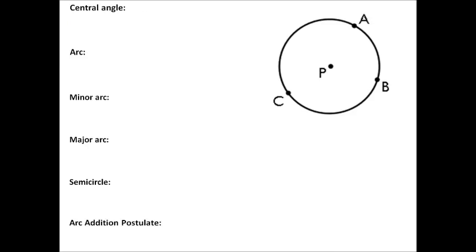A central angle is an angle where the vertex of the angle is also the center of the circle. So if we look at our example here, if I created this angle APB, that is an angle where the vertex is at P. So angle APB is a central angle.